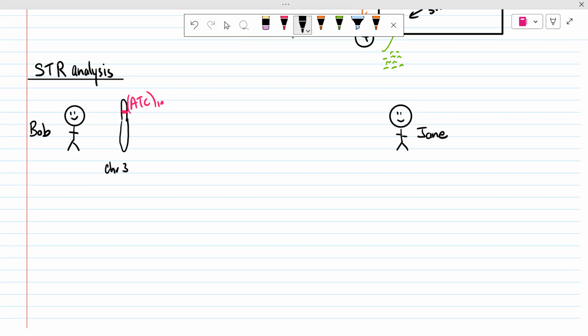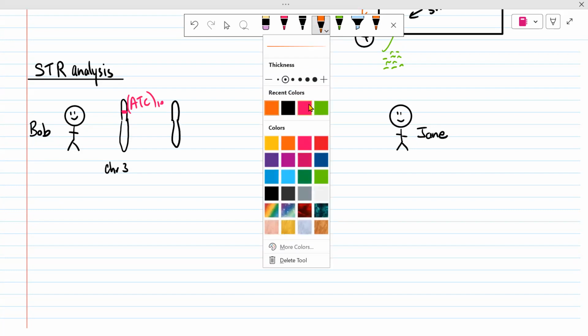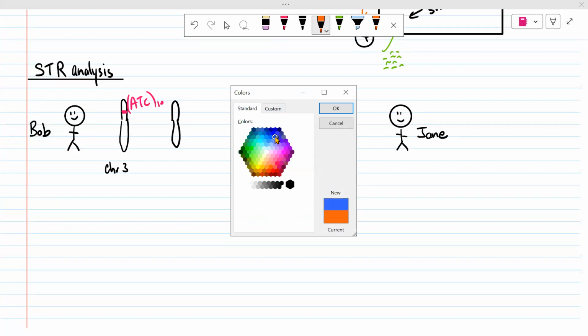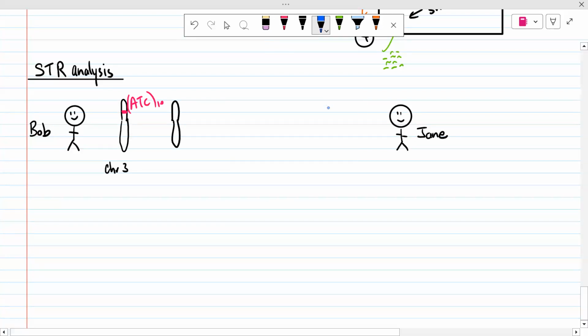Then we're going to look at another chromosome, and this one is AC repeated 5 times.